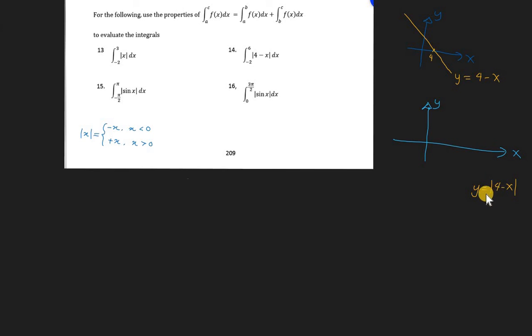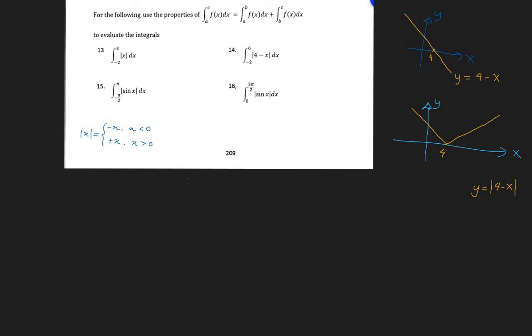But when we read this function as absolute, y cannot receive negative. So what happens now? Our graph, as it touches 4, will flip. So that is one way to draw the graph of absolute 4 minus x.